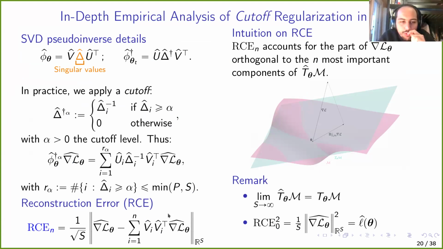So it is not clear what would be the equivalent for a ridge regression, so the fact that you add the identity.